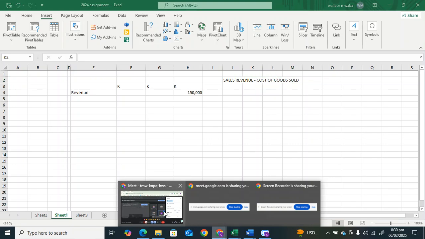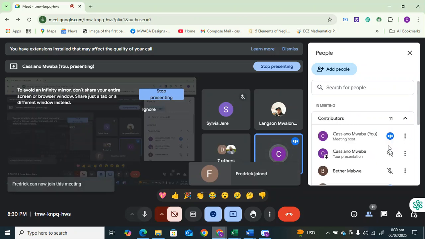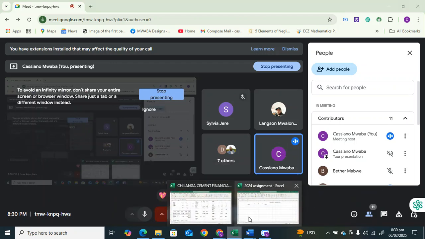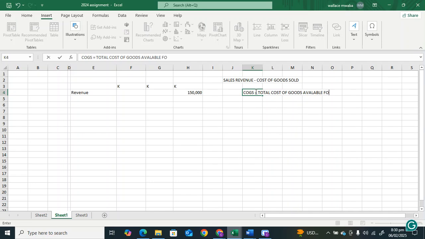Opening, you have to tabulate the cost of goods sold. So the first part, remember, cost of goods sold breaks down into this equation here. Cost of goods sold, COGS, is total cost of goods available for sale minus closing inventory. This is how we get our cost of goods sold.